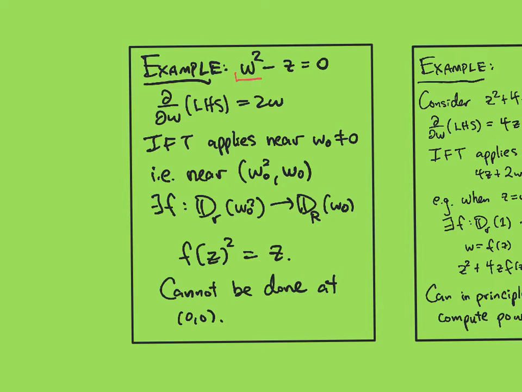So let's look at w squared minus z equals 0. So here our function capital F is going to be the function on the left. And so the partial of this function with respect to w just gives me 2w. And so the implicit function theorem will apply near any w naught that's not 0.